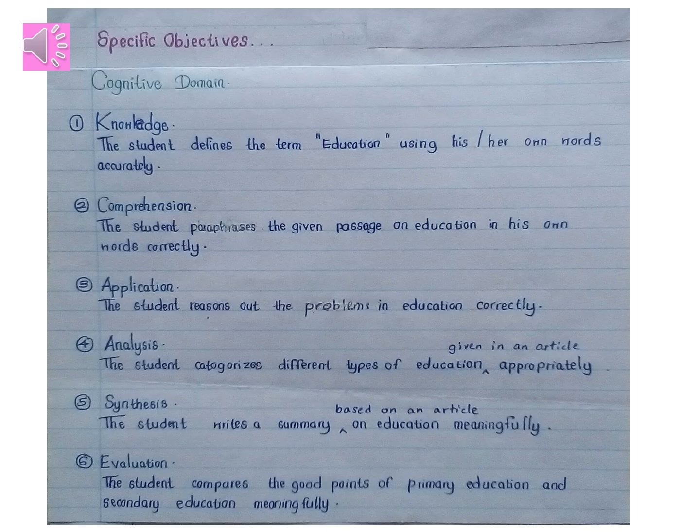The student, the doer is there, compares, action verb is there, compares what? The good points of primary education and secondary education. And based on a given article on education meaningfully. Likewise, you should be able to write the specific objectives for all 6. Right.